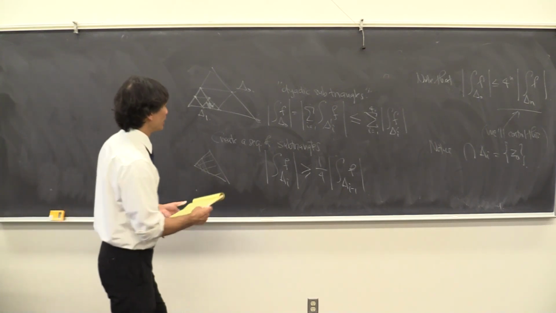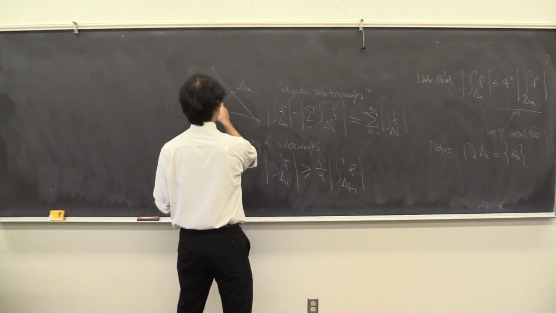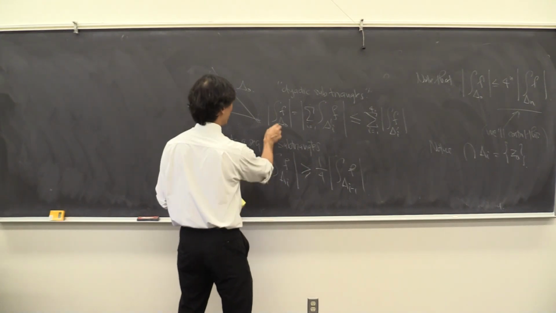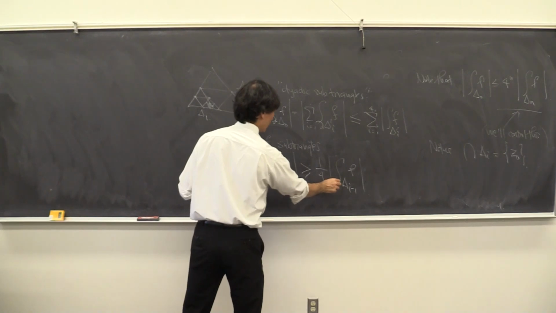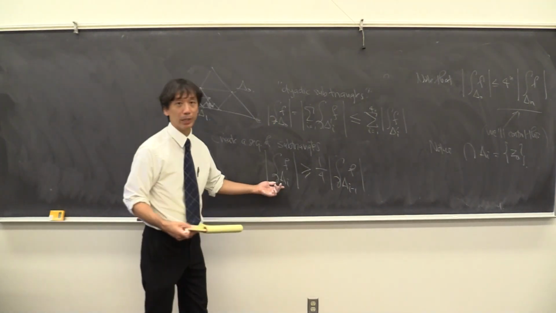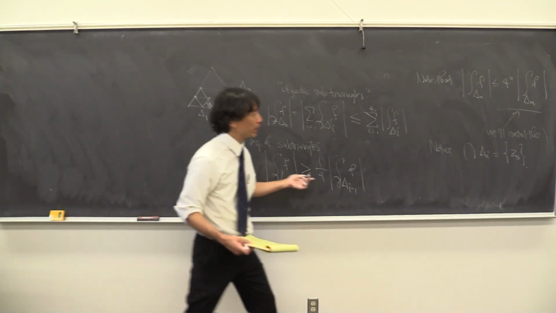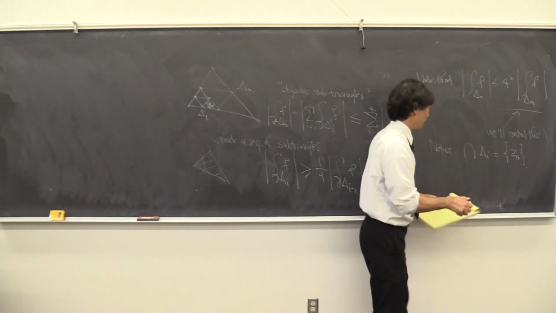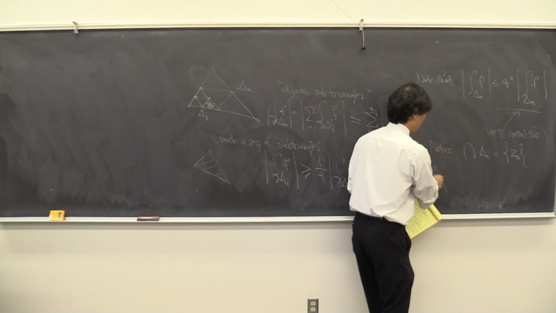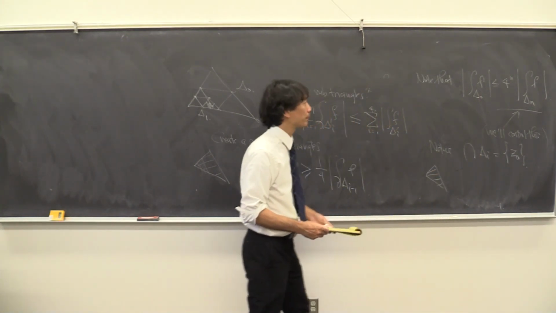I'm being kind of sloppy here, not distinguishing between the boundary of the triangle and the triangle itself. I should put boundary signs here, to indicate that we're integrating over the boundary, while the intersection is of the planar objects, the triangles.